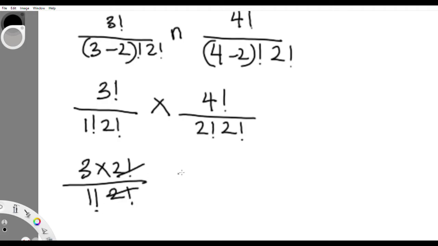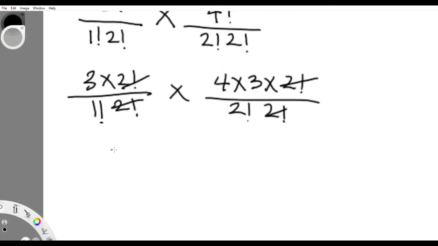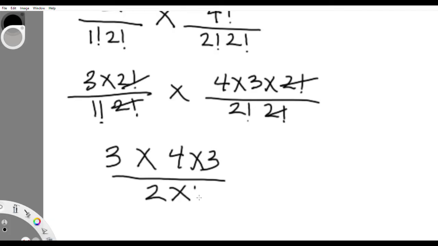2 can cancel 2. Times 4 times 3 times 2 factorial over 2 factorial, 2 factorial. 2 can cancel 2. Okay, so we have 3 times 4 times 3 all over 2 times 1, and 2 cancels 2 there to 4 there to get 2, then 3 times 2, 6. 6 times 3, 3 times 6, 18.